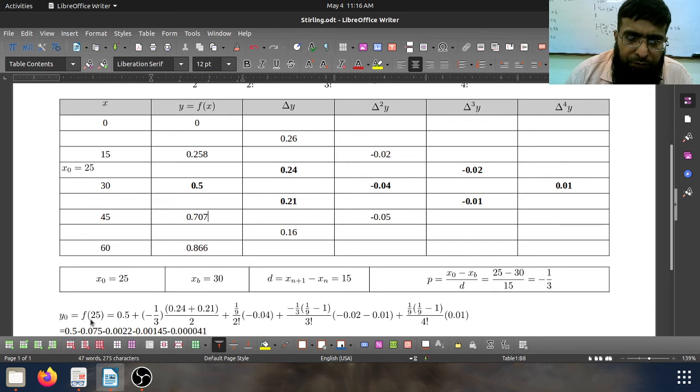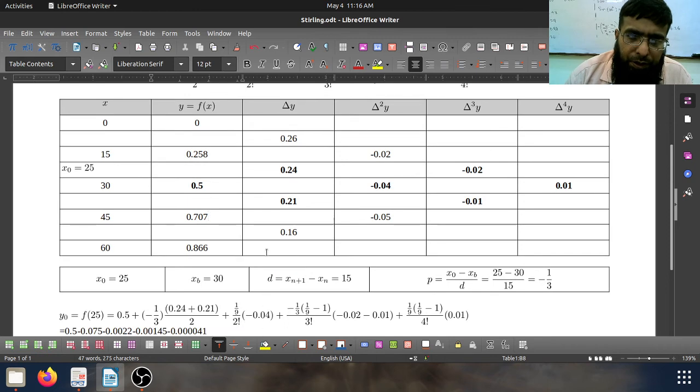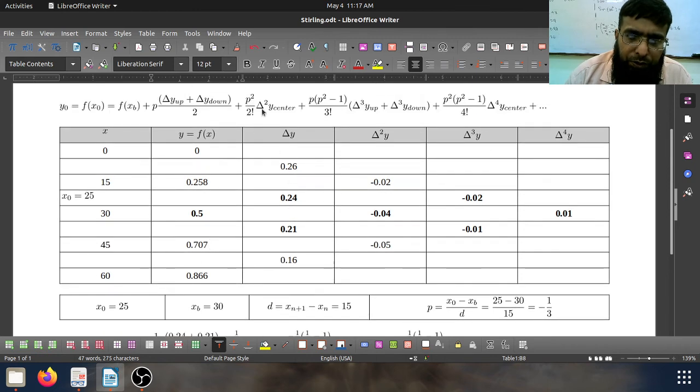Y naught is f of the base, f of 25 is f of 30, which is 0.5, plus p times this up plus this down divided by 2. P is minus 1 by 3. The next term is p squared over 2 factorial del squared y center. Del squared y center is minus 0.04.